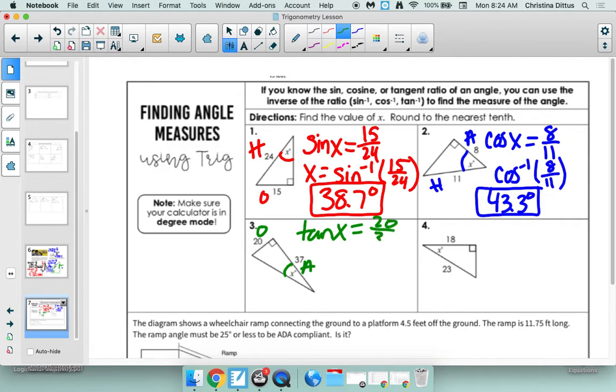So what am I putting in my calculator? Inverse tan of 20 over 37, and you got 28.4? Perfect. Just remember that these are degrees, so don't label them with feet, inches, whatever.